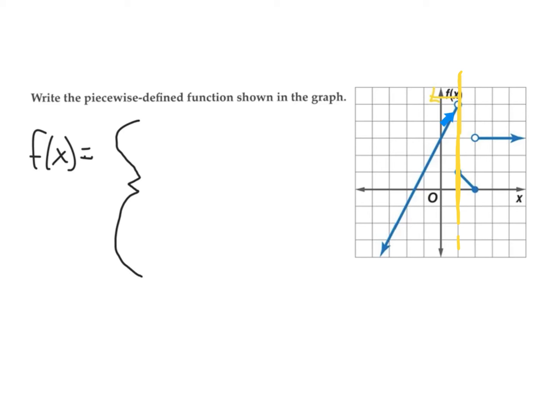Okay? Or is it less than or equal to? Less than. So I have an open circle here. So it's from here to the left. So that piece is, if x is less than 1. Because for all the values where x is less than 1, we're talking about this piece. Because here's a value less than 1, a value less than 1, a value less than 1.